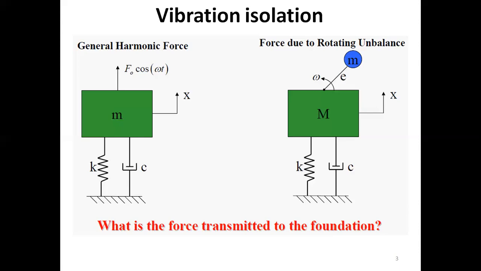So the spring force and the damper force act on the foundation and are transmitted into it. Meaning the force transmitted into the foundation is the summation of the spring force and the damping force.